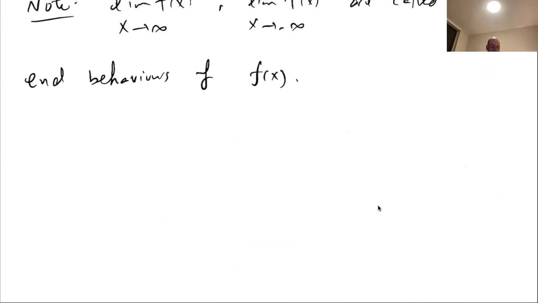Okay, so in this example, as x approached infinity or minus infinity, the outputs became closer and closer to some fixed number L. But sometimes as x approaches infinity or minus infinity, the outputs become larger and larger or smaller and smaller. So, infinite limits at infinity.